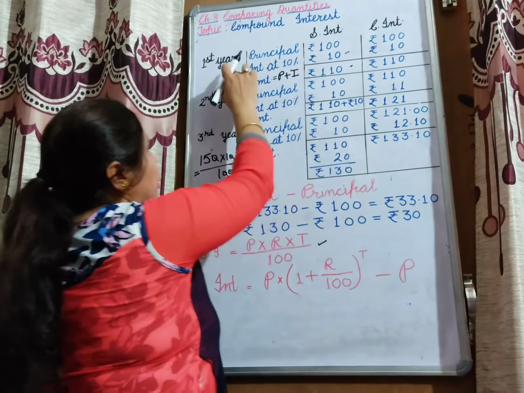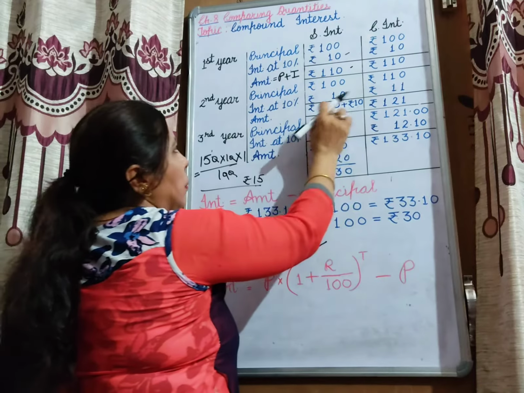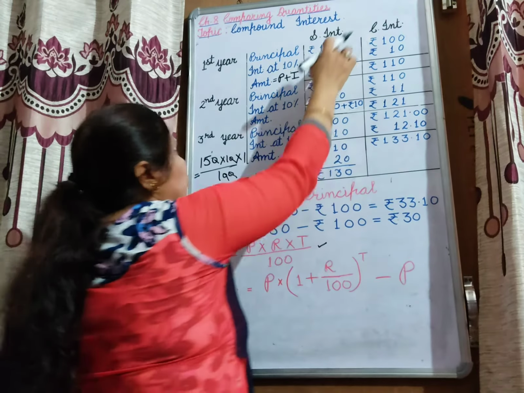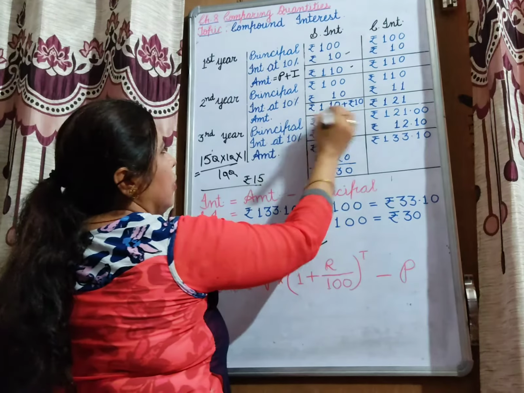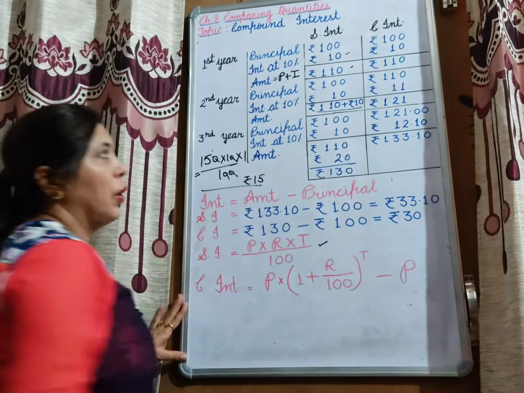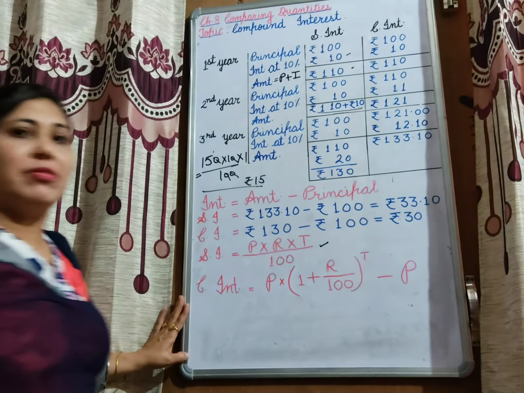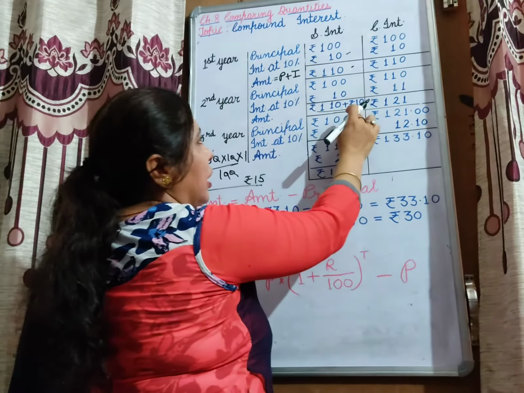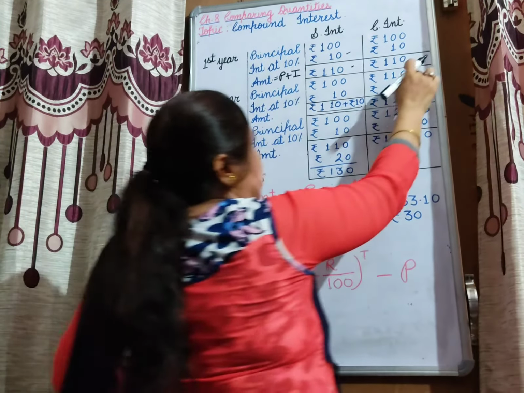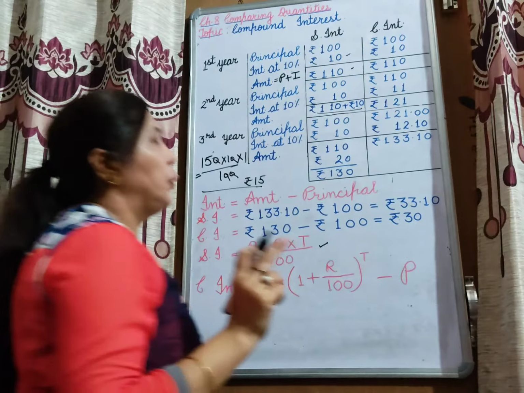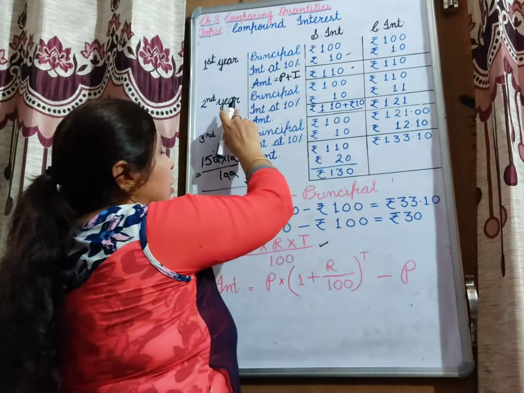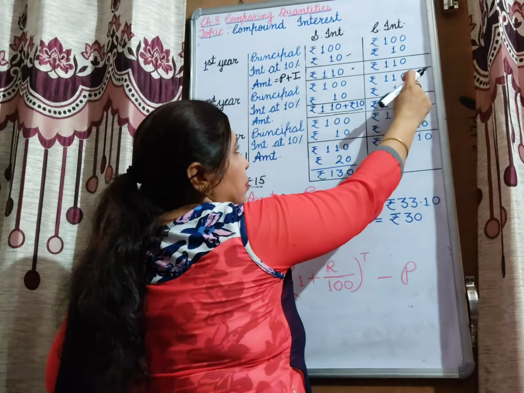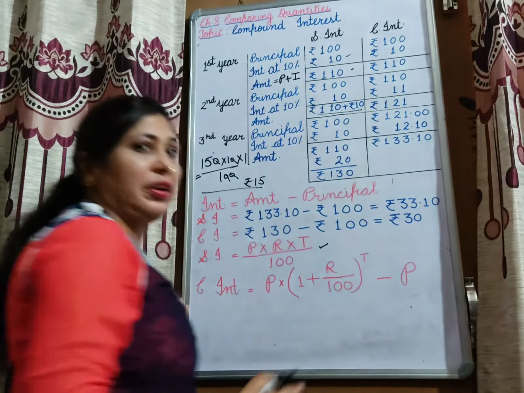It means after 2 years, what will be the amount? If simple interest is there, then amount will be equal to rupees 120, that is 110 plus rupees 10. Now in compound interest, I told you the previous year amount we have to consider as next year principal. That is rupees 110.